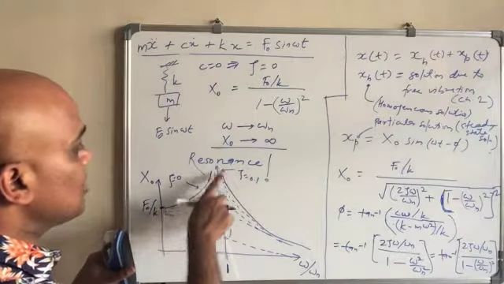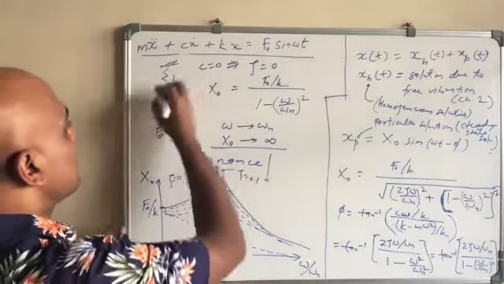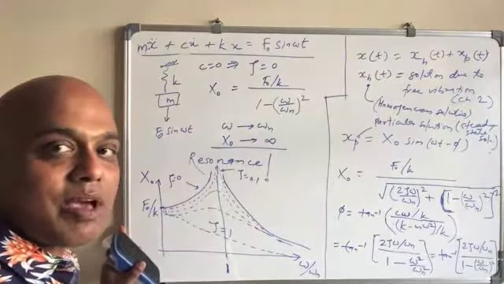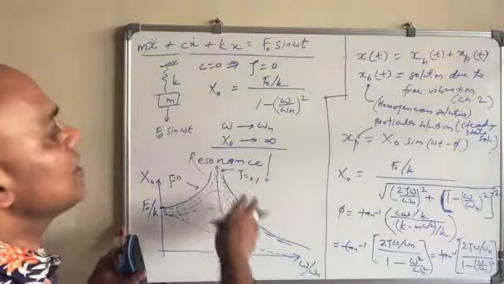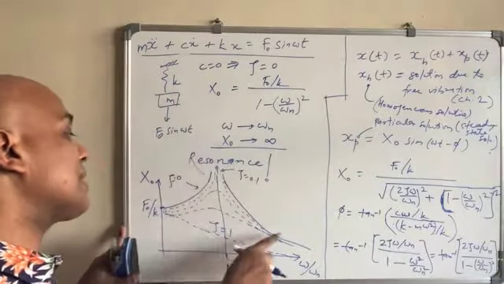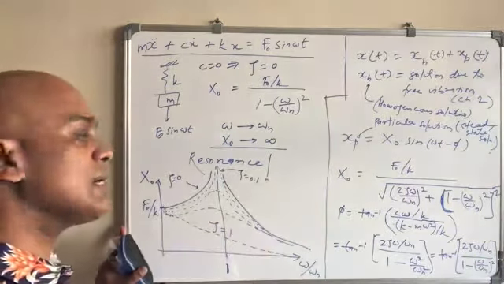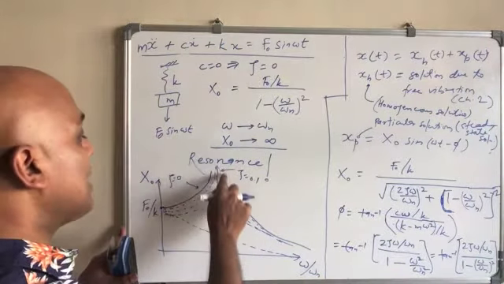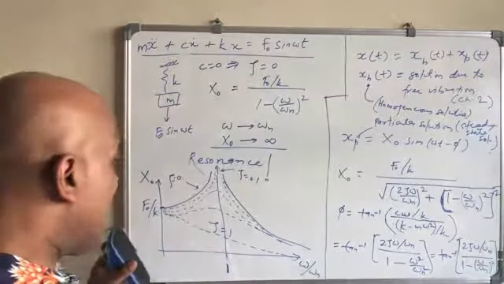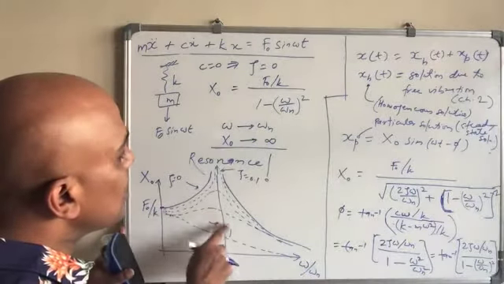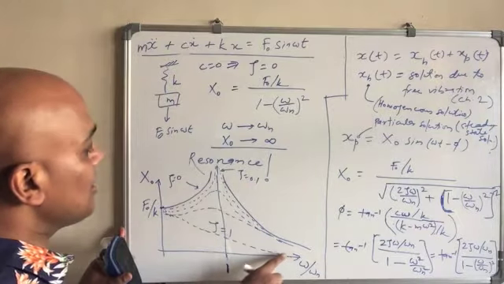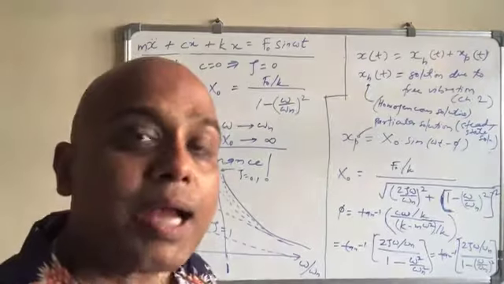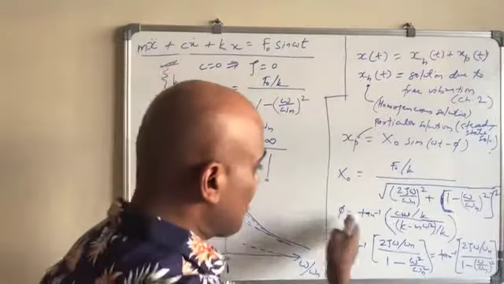If zeta equal to 0, the undamped condition, resonance will be observed and the amplitude will be infinite. If zeta has some lower value, the amplitude will be higher. As you increase the value, the amplitude will keep on lowering till zeta equal to 1. Similarly, you can plot phi.